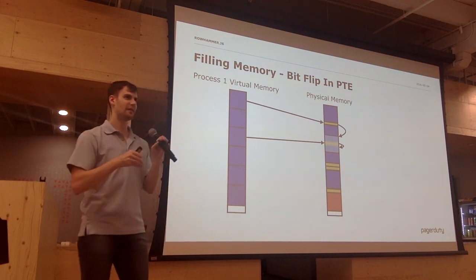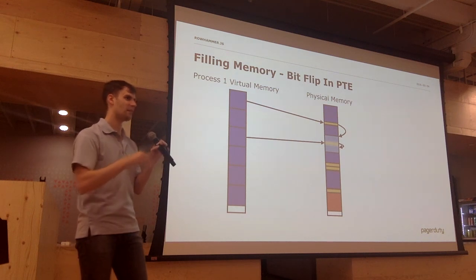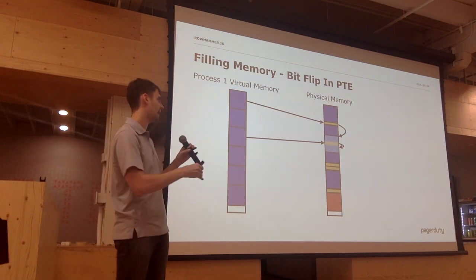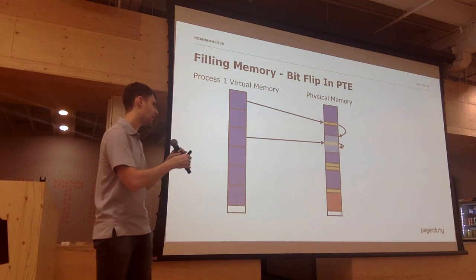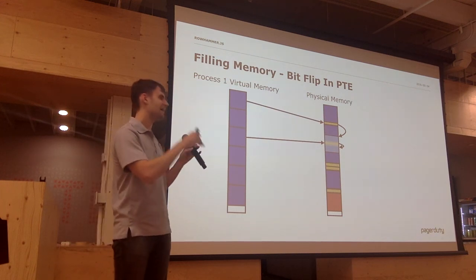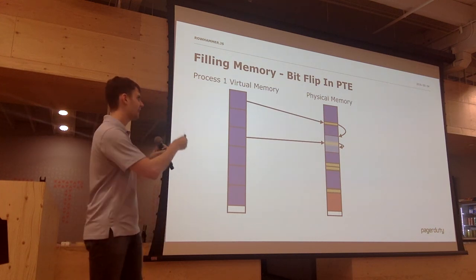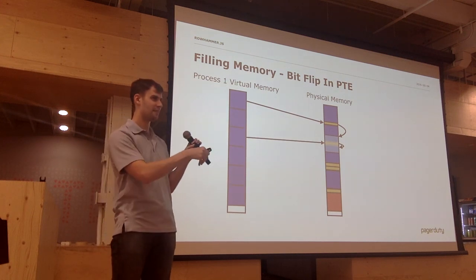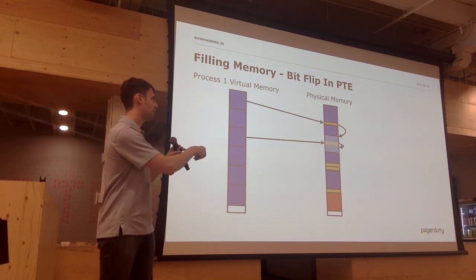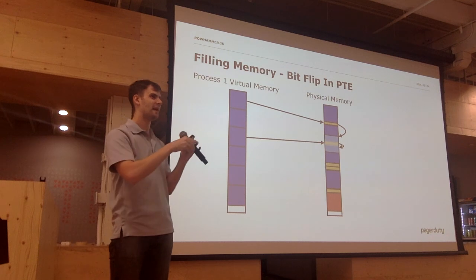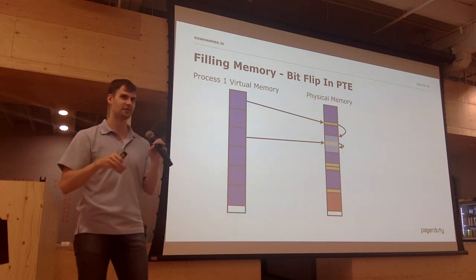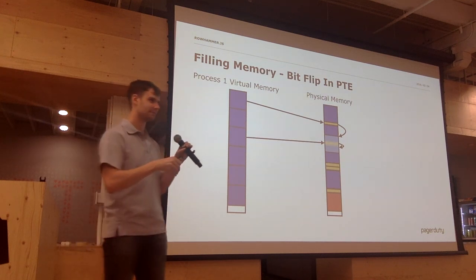The page table entry itself is not very big, so most of the bits are taken up by the physical address itself. So that's a pretty high probability of getting it. The other part of getting lucky is if that page table entry, when it flips the physical address, then points to a block of memory that contains another page table entry that we control.